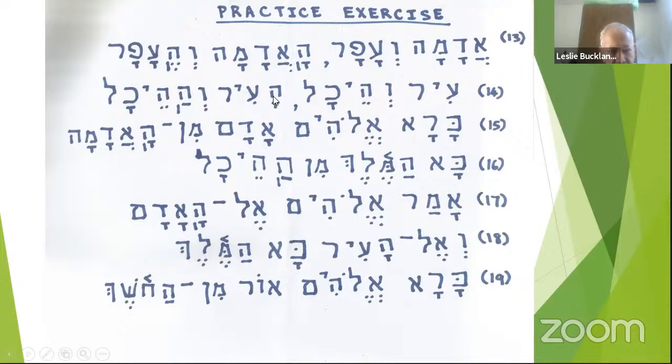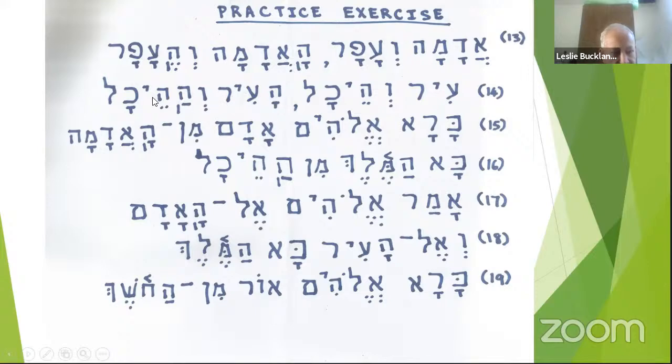Now we put the definite article before each of these nouns. Ha-ir is the city. And notice that there has to be a lengthening of the vowel under he of the definite article, because this is a guttural letter and the ayin cannot be doubled with a dagesh forte. So it requires that there is a lengthening of the pathach, the a, to the long vowel a, ha-ir, the city.